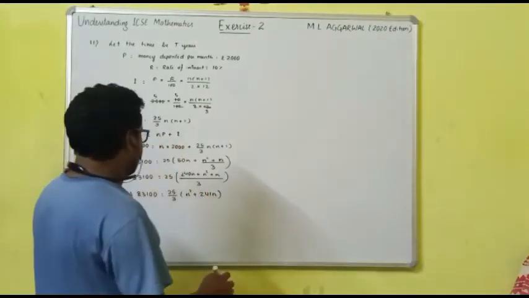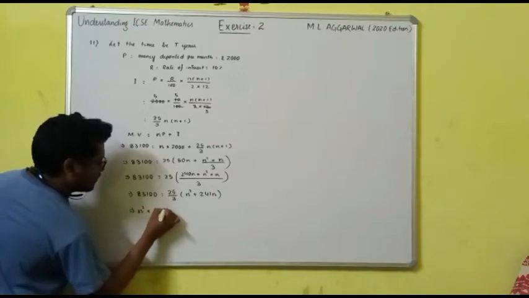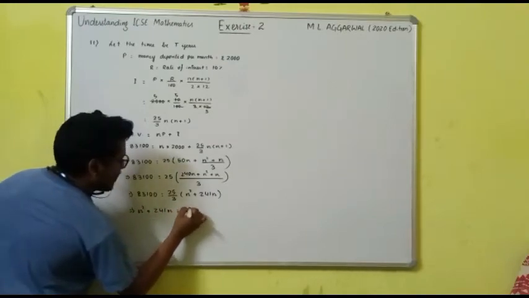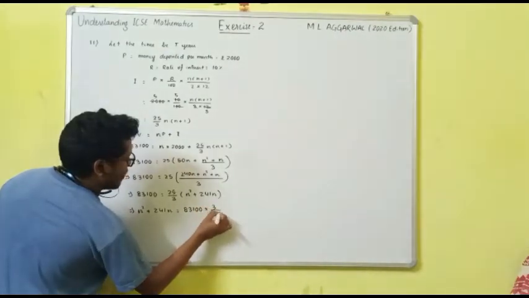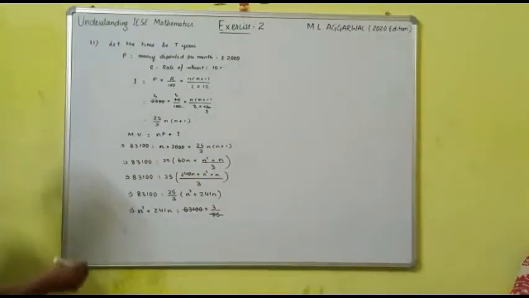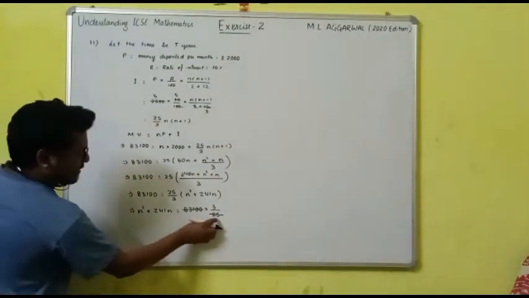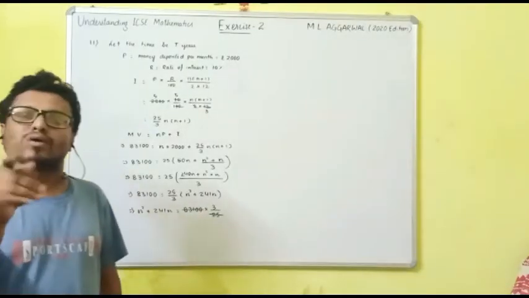So now it will be n square plus 241 n is equal to 83100 into 3 by 25. So now you cancel this one. So here 831. Here see 25, here 100 is there.